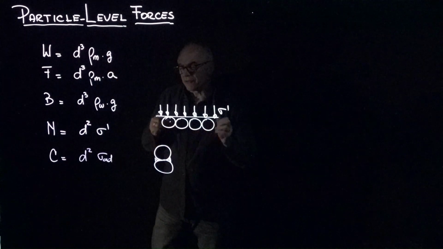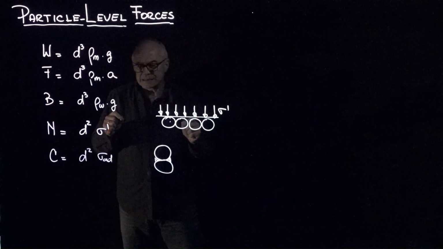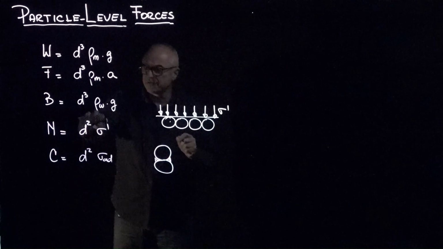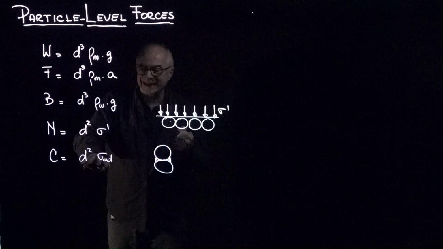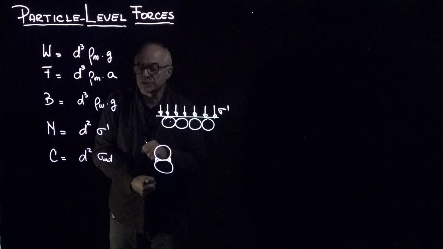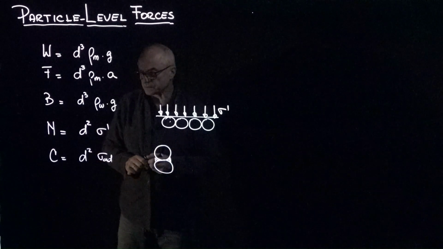Notice that this force is not an active force, in the sense that these are continuously being felt by the grain. However, this one will only get activated if I try to deform the granular skeleton. So it's a passive force.